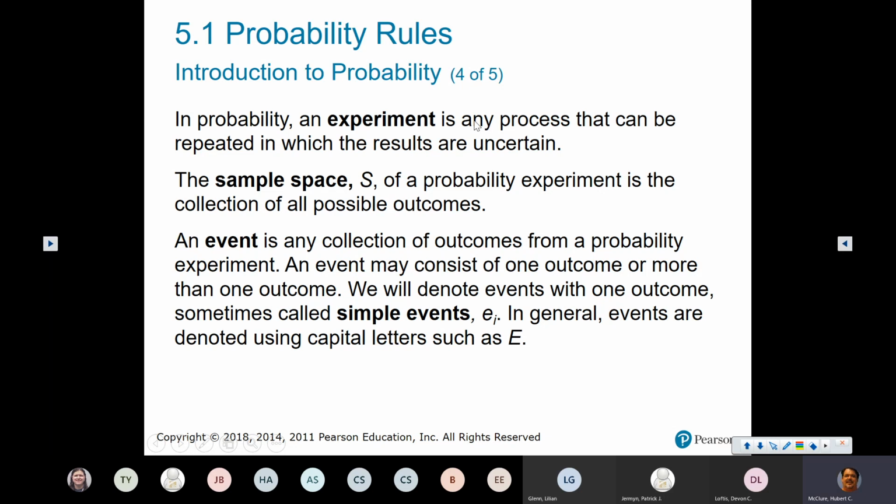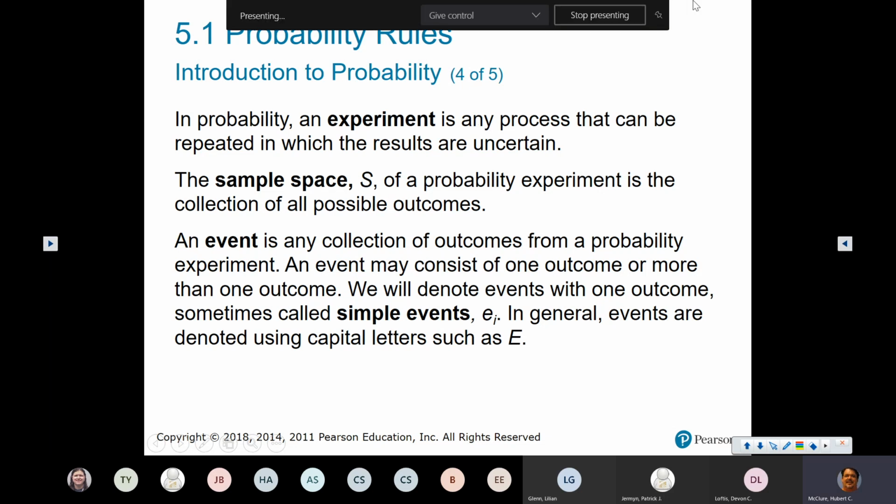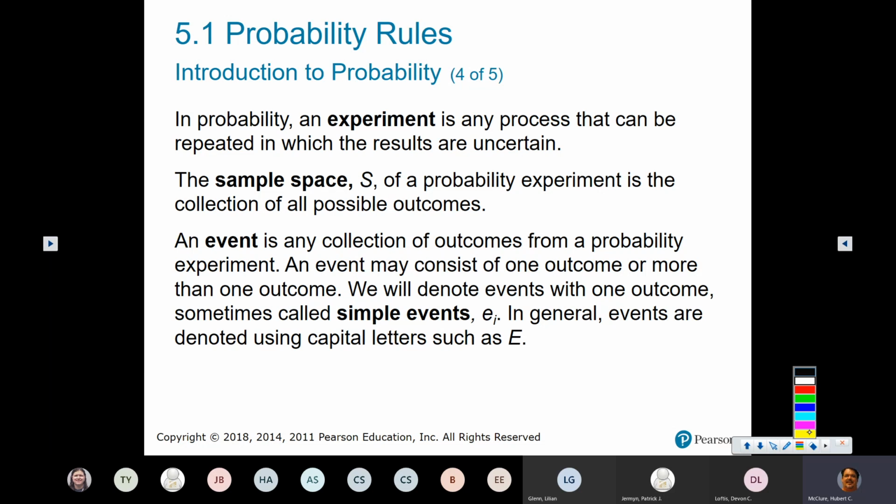A good example of a sample space, somebody's wanting to have 2 kids. What is the sample space for 2 kids? Boy, boy, girl, girl, girl, boy, and what? Boy, girl. That's the sample space. The sample space is 4.